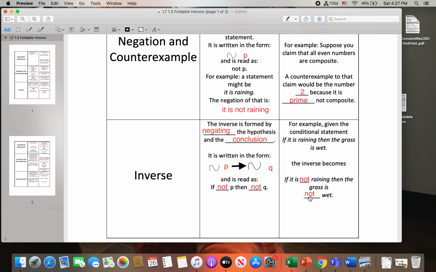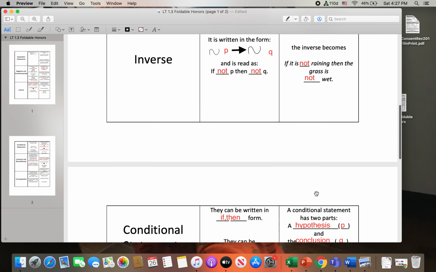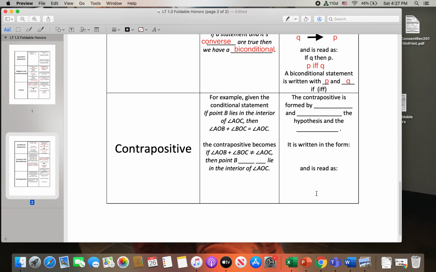Nots to the beginning and to the end. If they already had nots in it, the negation, the opposite, is without nots. So there's inverse. Okay, then we're going to go to contrapositive.